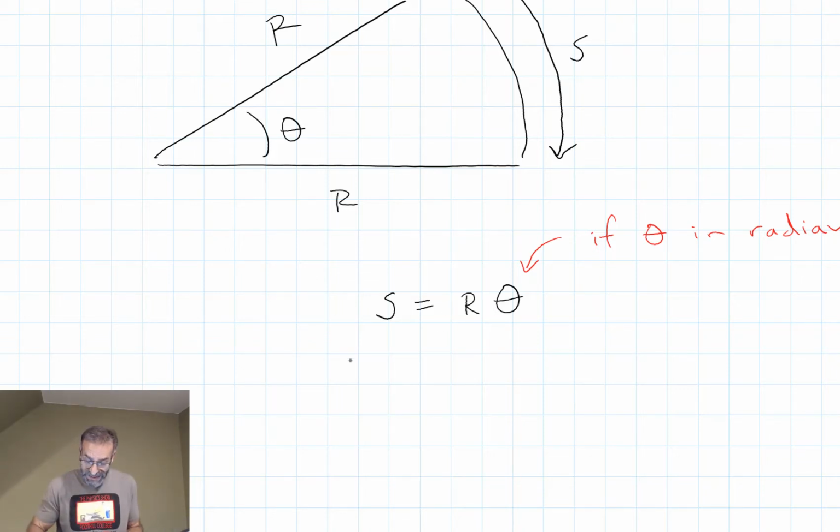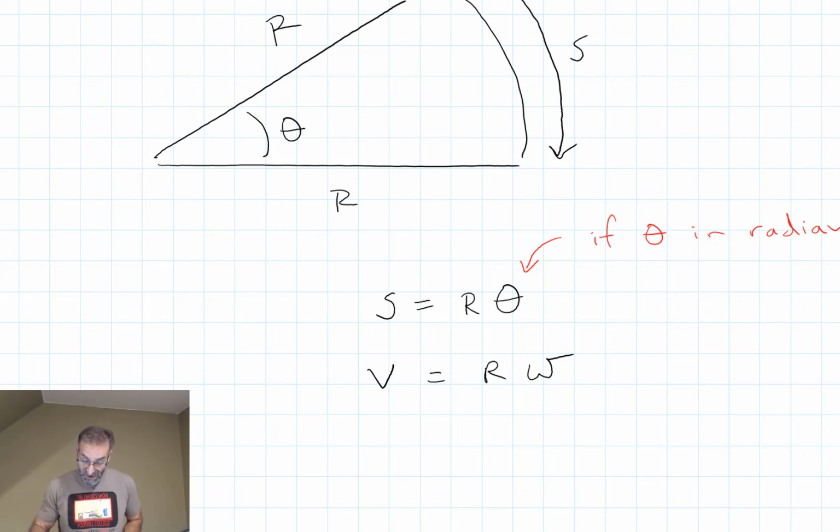This relates the linear distance with the angular distance. And if we take the derivative of this, we get ds dt, which is the tangential velocity, the linear velocity, is equal to r d theta dt, which is omega.